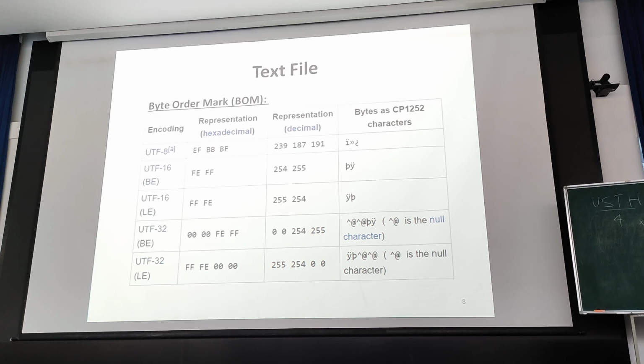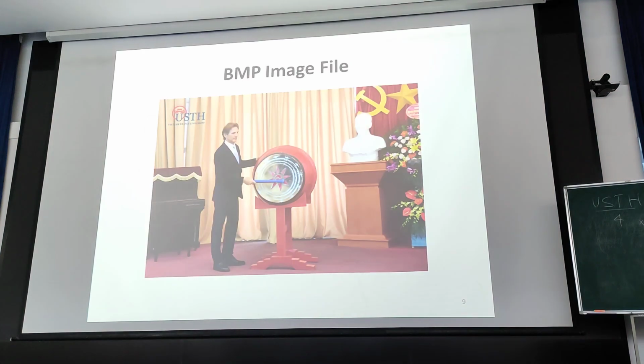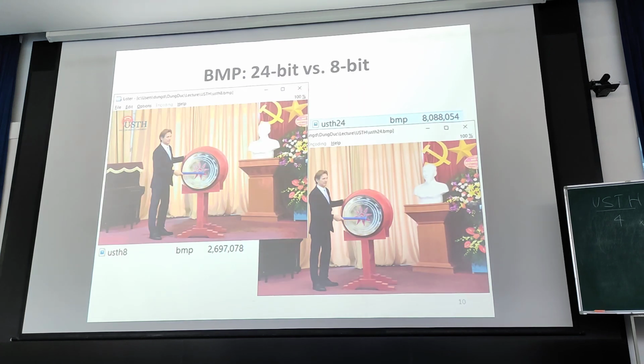Okay, I take another example. Bitmap is one of the most commonly used formats for raster images, and I take these pictures from our homepage several years ago, and I try to save this picture in 2 different formats.